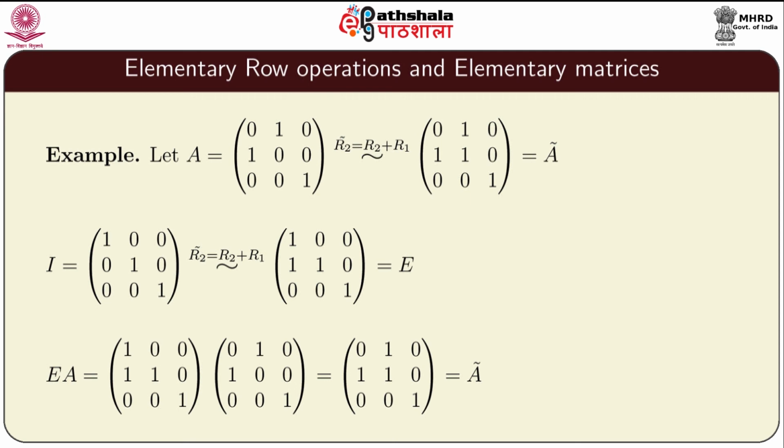If we see EA, that is left multiplication of A by the elementary matrix E, then the outcome is 010, 110, 001, which is nothing but your A tilde. So, this is a quick illustration of our previous comment that an elementary row operation on a matrix A is the same as a left multiplication by a suitable elementary matrix.